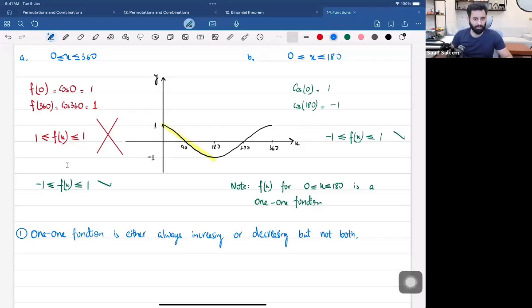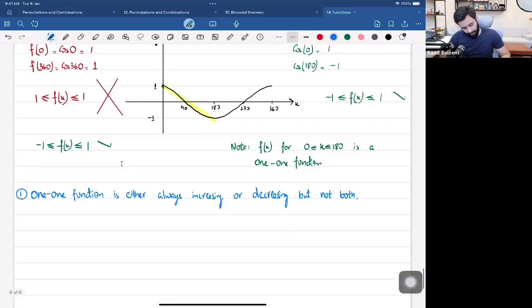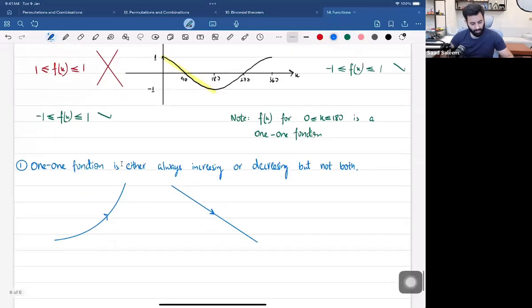So it's always increasing or always decreasing, but it's not doing both. That means it could look something like this, or it could look something like this. You can see this is constantly decreasing. You can see this is constantly increasing.